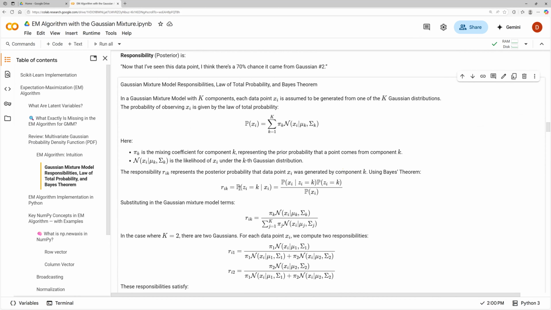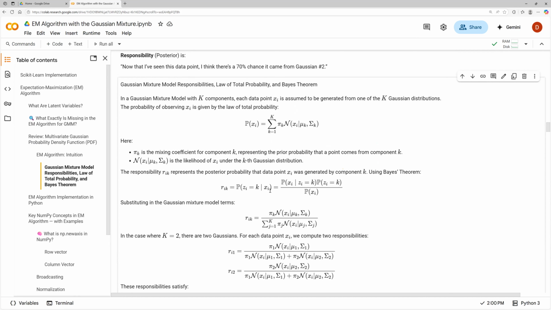So R_ik is equal to the probability of z_i equal to k, that is, what cluster membership, conditioned on the data point x_i. And then we take the probability of x_i given z_i equal to k, times the probability of z_i equal to k, divided by the probability of x_i.